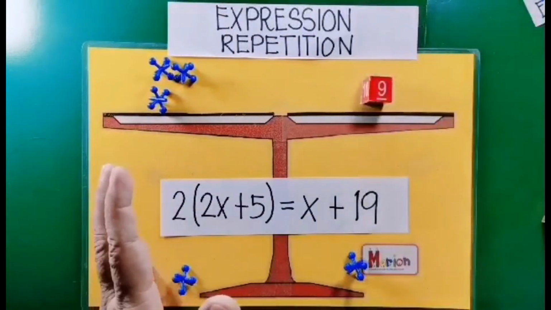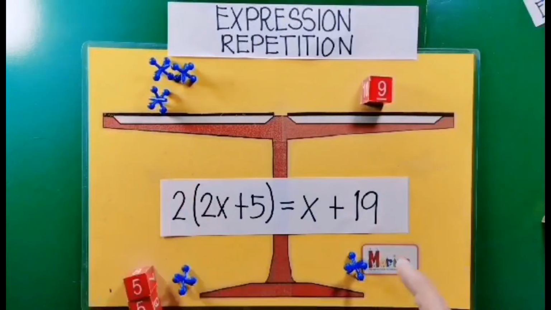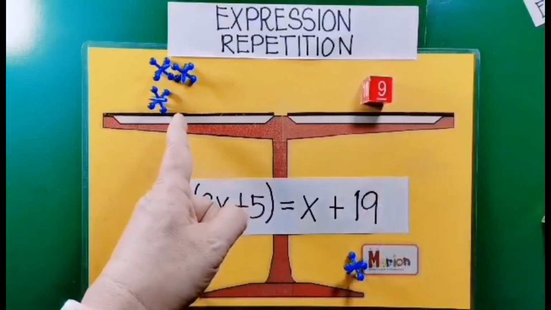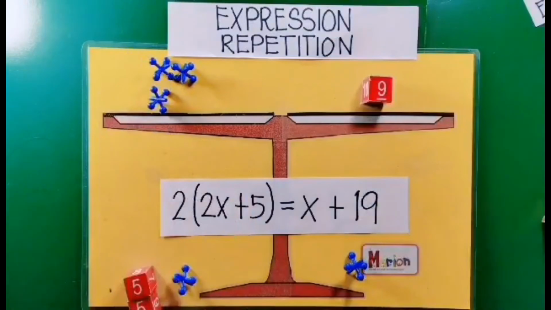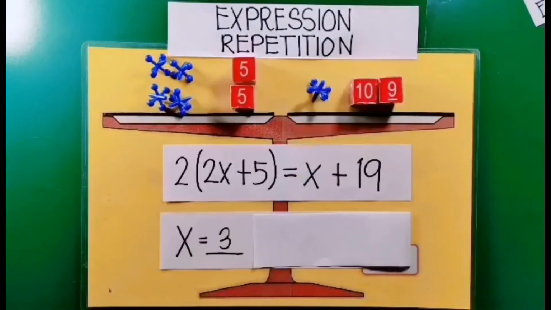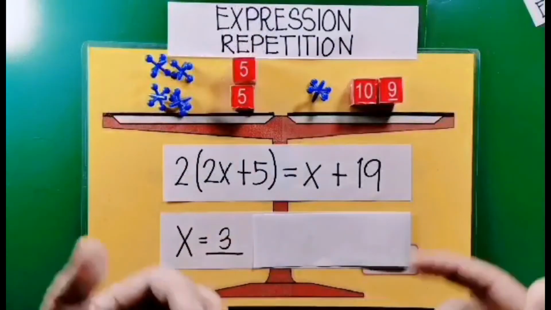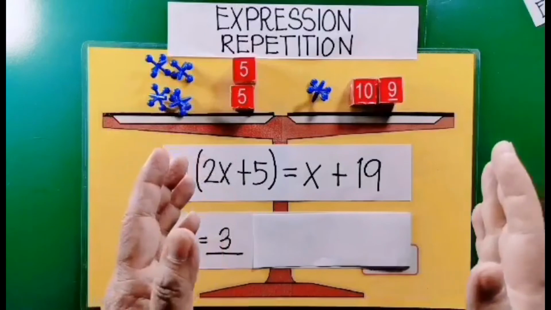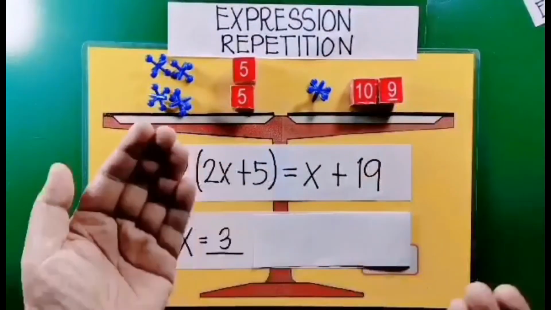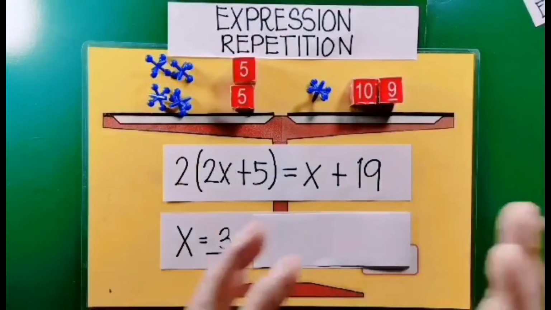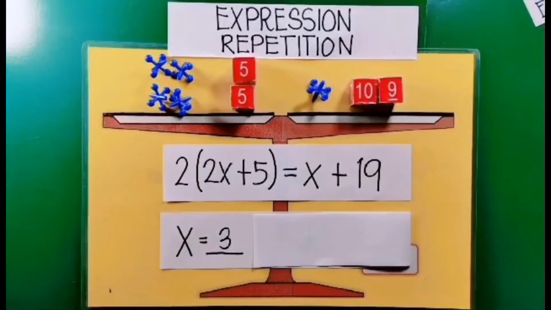Now to find the value of our x, we need to divide. 9 divided by 3 is 3. Now that we know that the value of our x is 3, let us put back the equation. Let us check, by substituting 3, whether the left and right expressions are equal, to make this equation balanced.